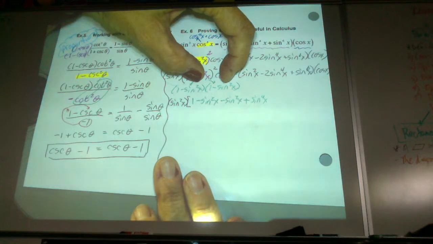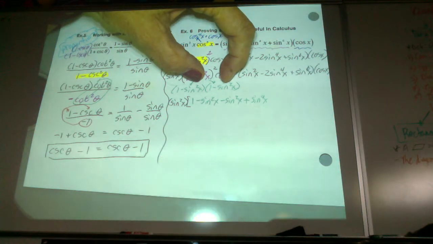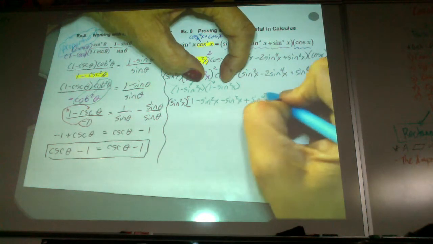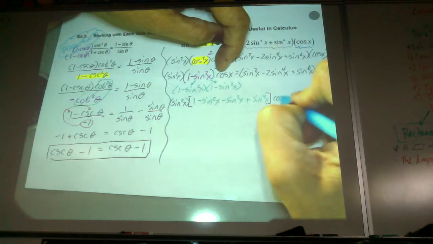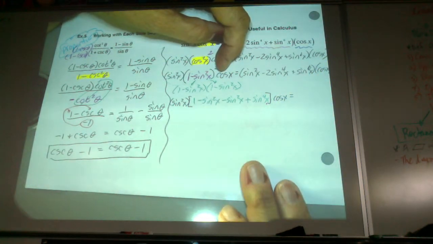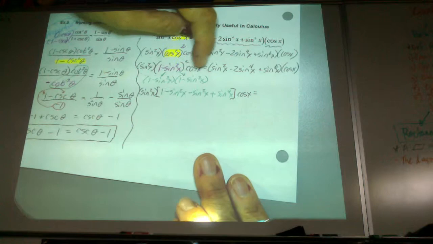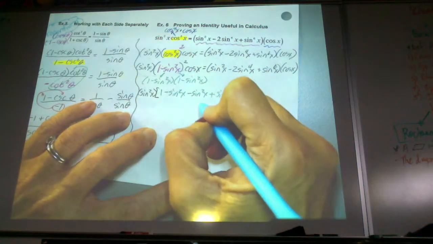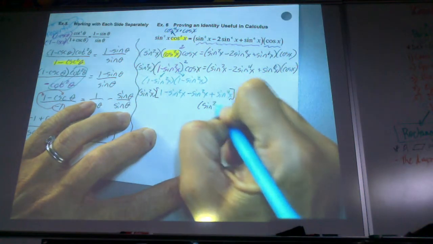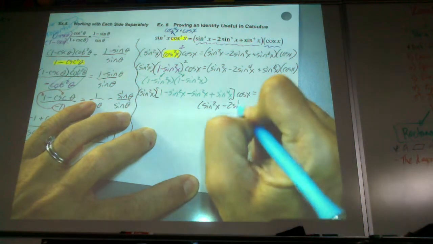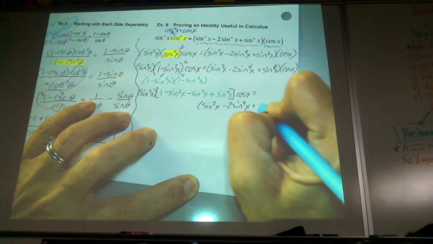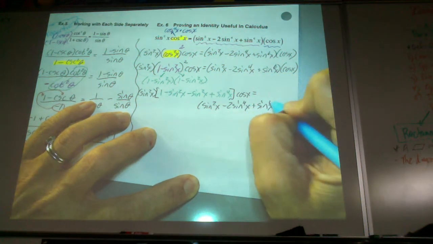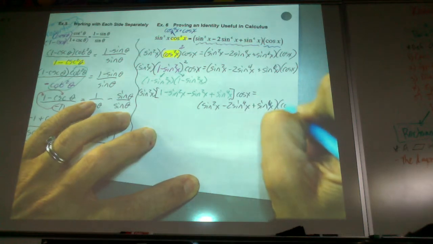Squared times squared, add the exponents, you get to the fourth. And then in brackets, cosine of x equals. Okay, I've officially run out of room, so I'm going to put my other equal sign down here. Sine squared of x minus 2 sine to the fourth x plus sine to the 6th, times cosine of x.